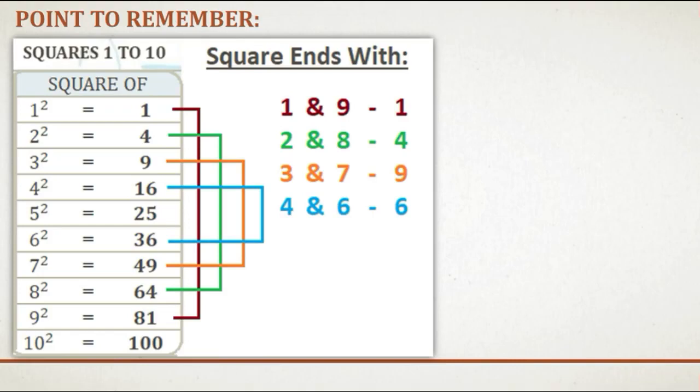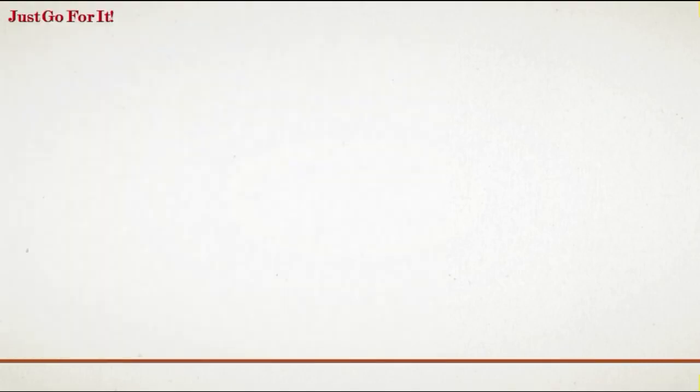Square of 3 and square of 7 always ends with the number 9. Square of 4 and square of 6 always ends with the number 6. Now this is the most important thing. Okay. Let's have a look at an example.